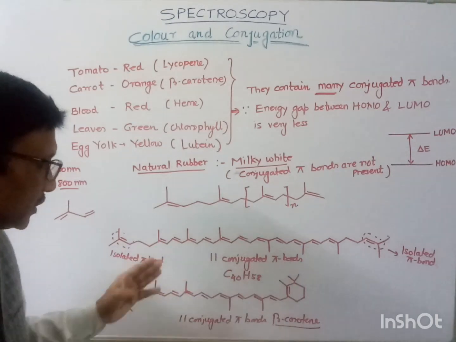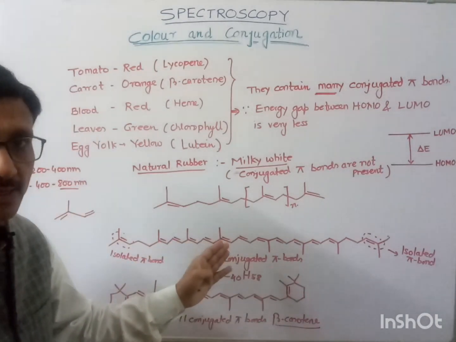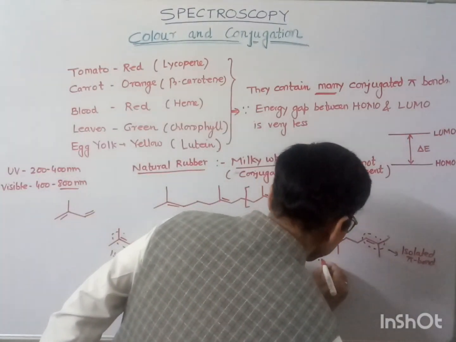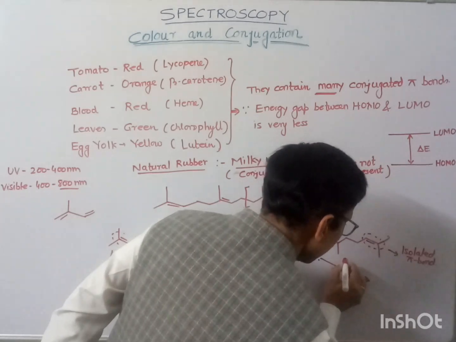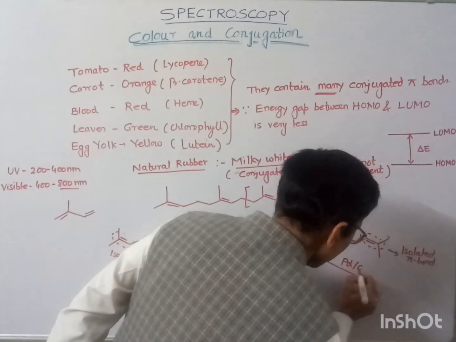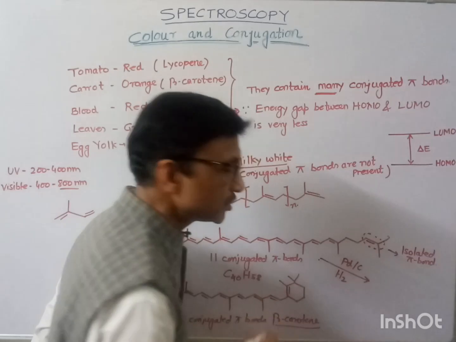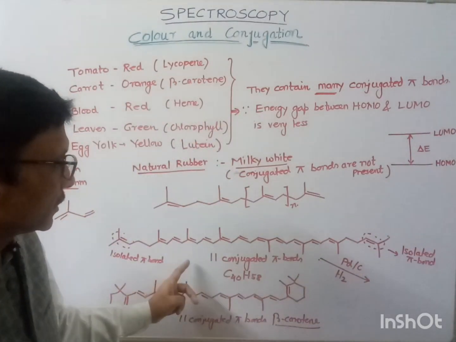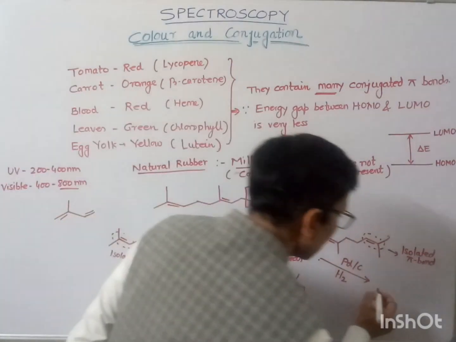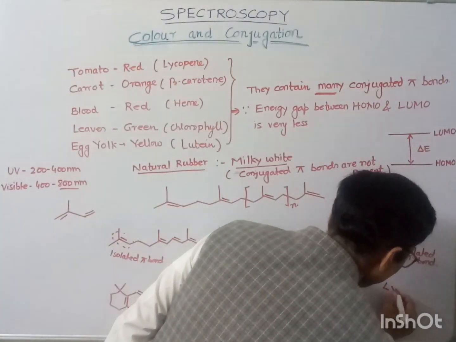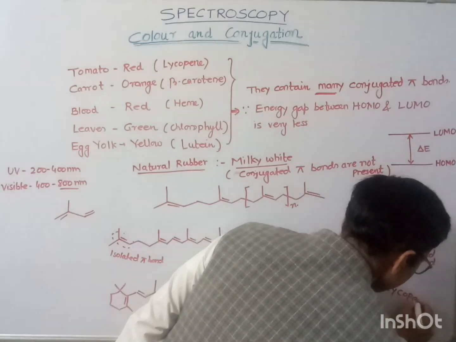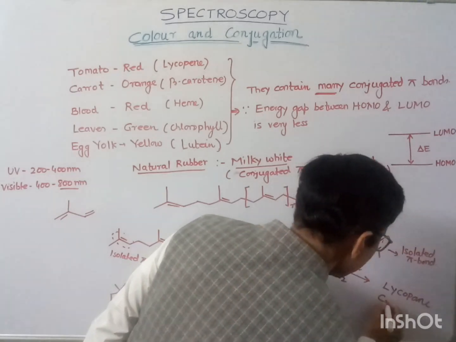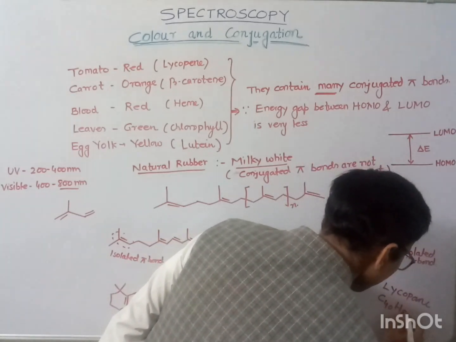Or otherwise, suppose we want to saturate it. 11 unsaturated pi bonds are there, and if we treat lycopene with palladium charcoal, that is, do hydrogenation in presence of palladium charcoal, then lycopene becomes the saturated compound with molecular formula C40H82.